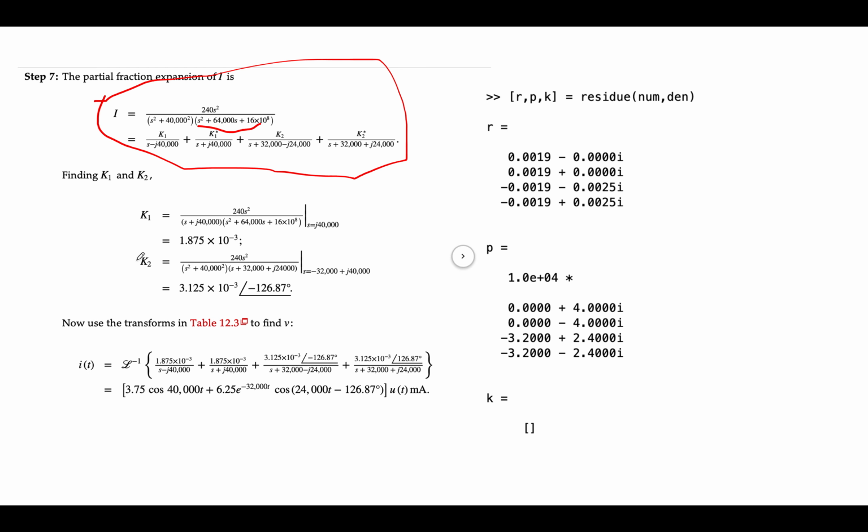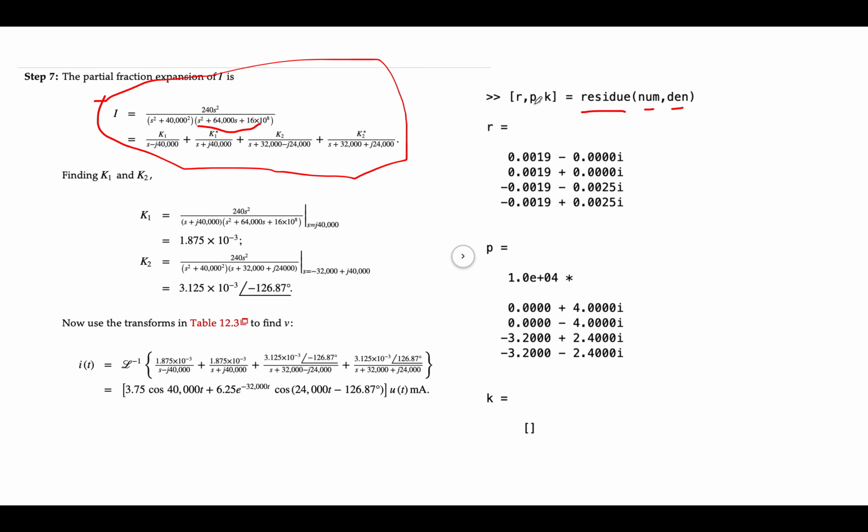But I'm not working it by hand, so I did it in MATLAB, and I used the residue command, and here's my numerator comma denominator. I think if you've defined a transfer function, you can maybe put h here. I don't remember. Anyway, you define an array R, P, and K where R is the residues, basically what's in the numerator.